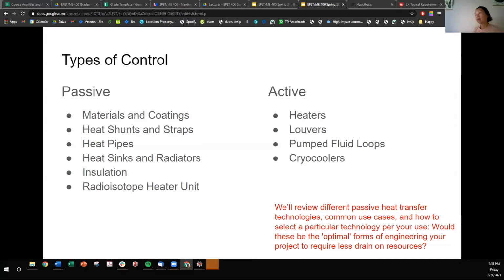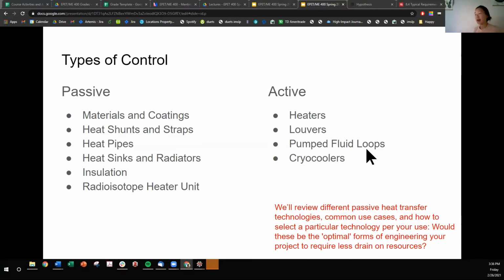Maybe you need a huge radiator to get rid of heat from one component, whereas you could use a small cryocooler that has a cold tip to do focused cooling of that component. So it's really a trade-off.